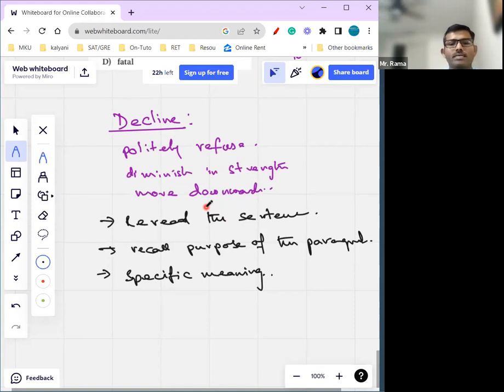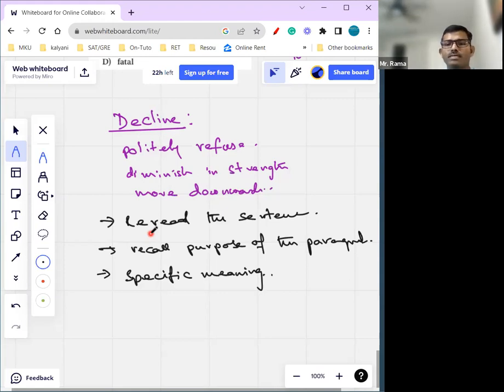Just like decline, it's not a big word, but it could mean politely refusing, or moving, downgrading, or diminishing in strength. But how do you decide? You reread that sentence in which the word is given, and think of the paragraph as a whole. What's the purpose of this paragraph? Based on that, look at any specific meanings.